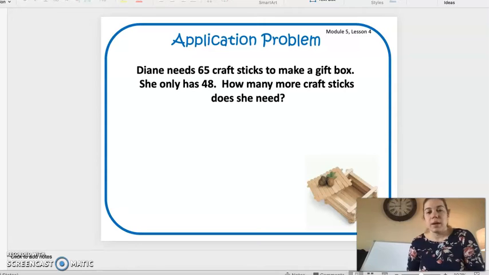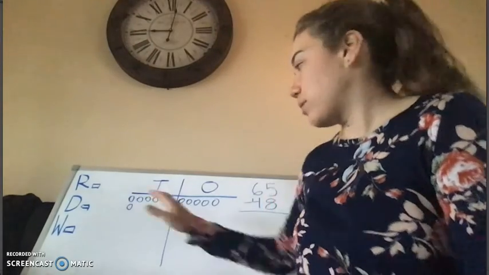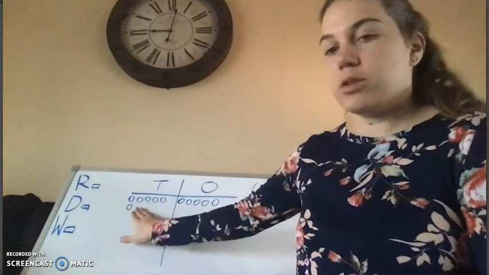So our application problem for today is Diane needs 65 craft sticks to make a gift box. She only has 48. How many more craft sticks does she need? So we need to have our read, draw, write checklist. On my board I have my read, draw, and write checklist. I have my place value chart that shows 65.